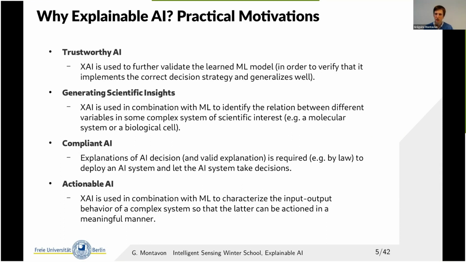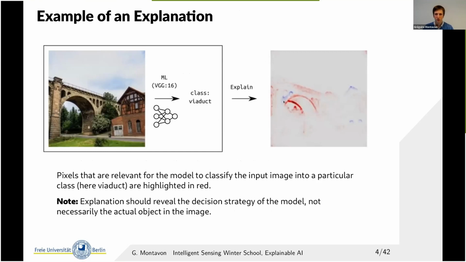And basically, in that case, explainable AI is kind of a requirement for deployment of the AI system in practical applications. And finally, a last one is actionable AI. The goal of XAI, so basically what XAI can do, is to identify what are the relations between input and output features.